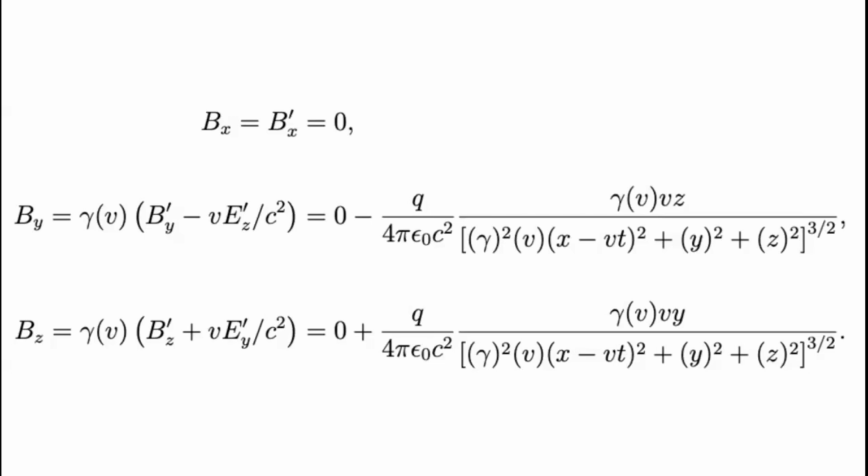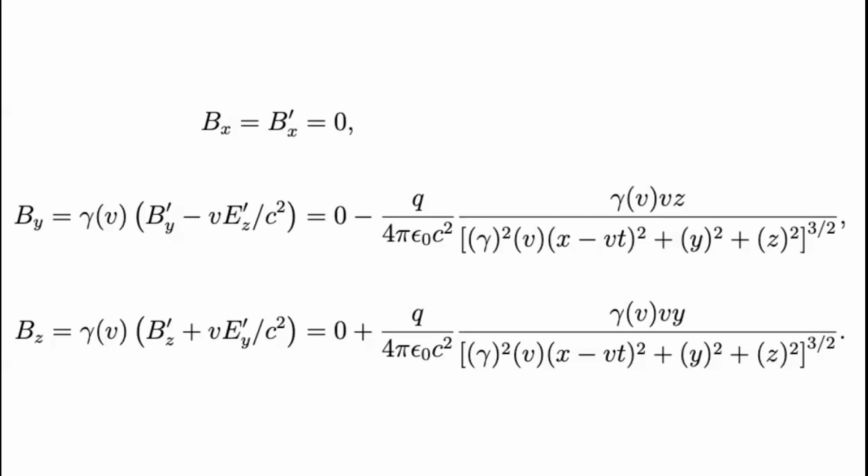And so what this is essentially telling us is that when the sensor is moving in the negative x direction, from its point of view, the charge, which is at rest in the lab frame, so to speak, is actually moving in the positive x direction. And so it detects a magnetic field from the charge as if the charge were moving in the positive x direction, when from our point of view, it's not moving at all.